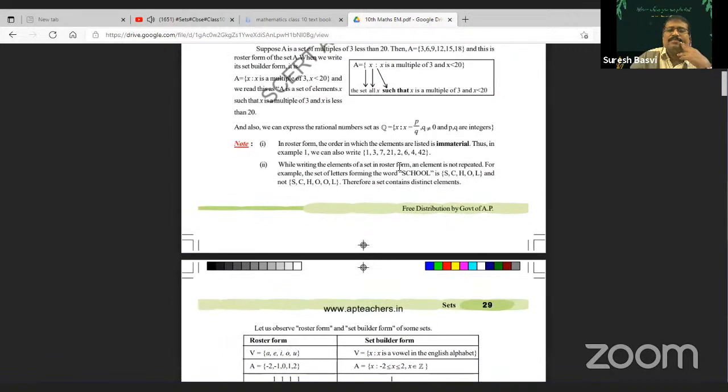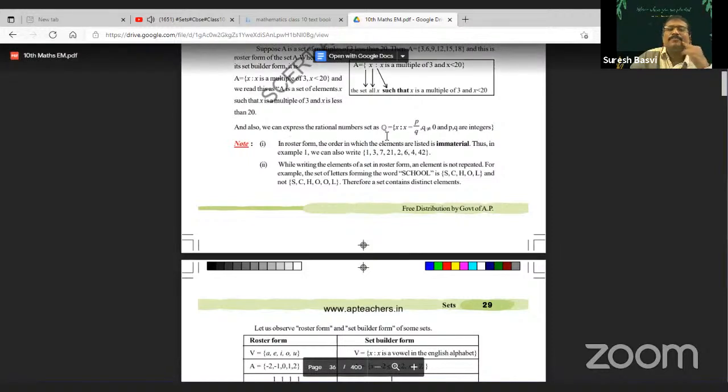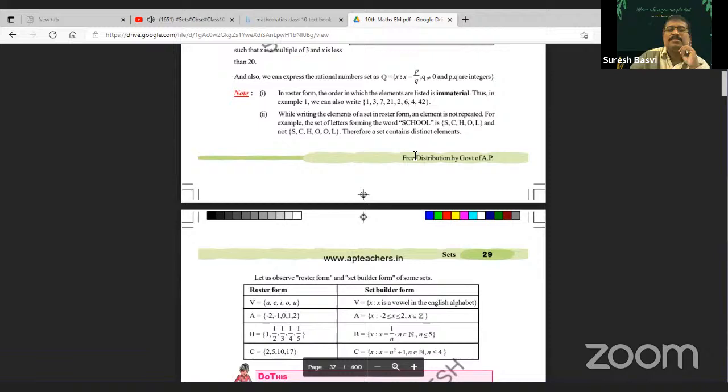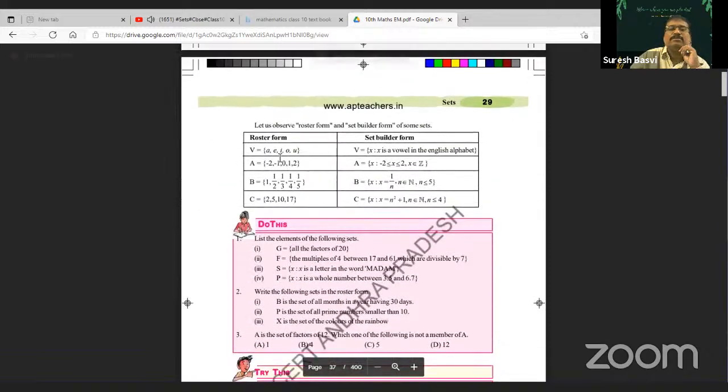Here rational numbers are in the form of p by q, where p and q are integers and q is not equal to 0.